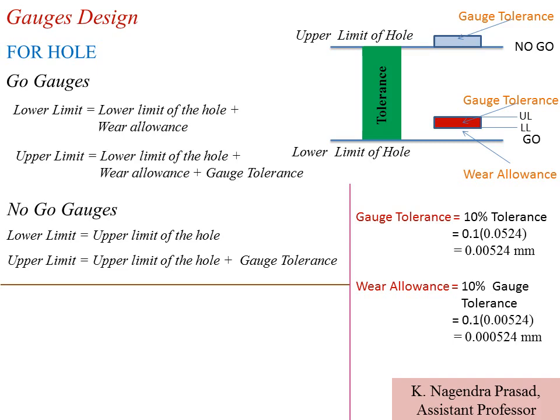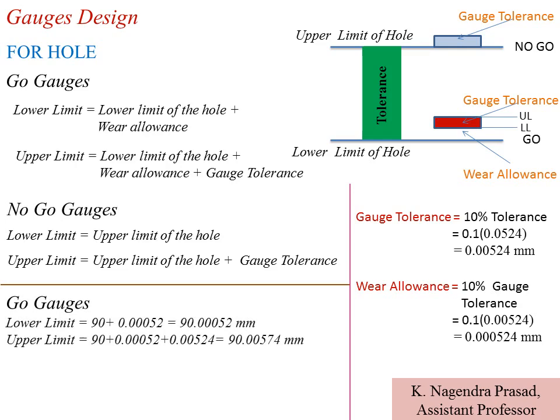For the go gauges, from the schematic representation I have to identify that the lower limit of the go gauge equals the lower limit of the hole, that is 90 mm, plus wear allowance, that is 0.00524. Similarly, the upper limit of the go gauge equals the lower limit of the hole, that is 90 mm, plus wear allowance, that is 0.00524, plus gauge tolerance, that is 0.00524.